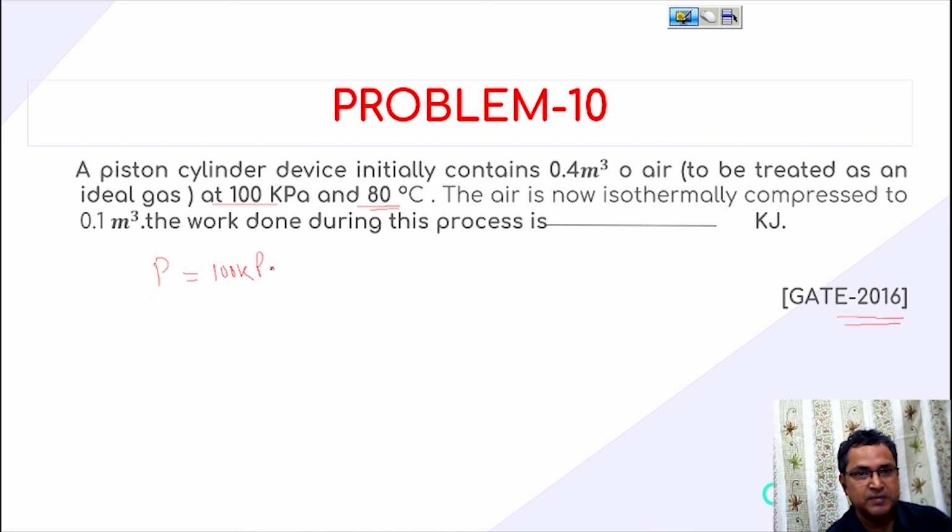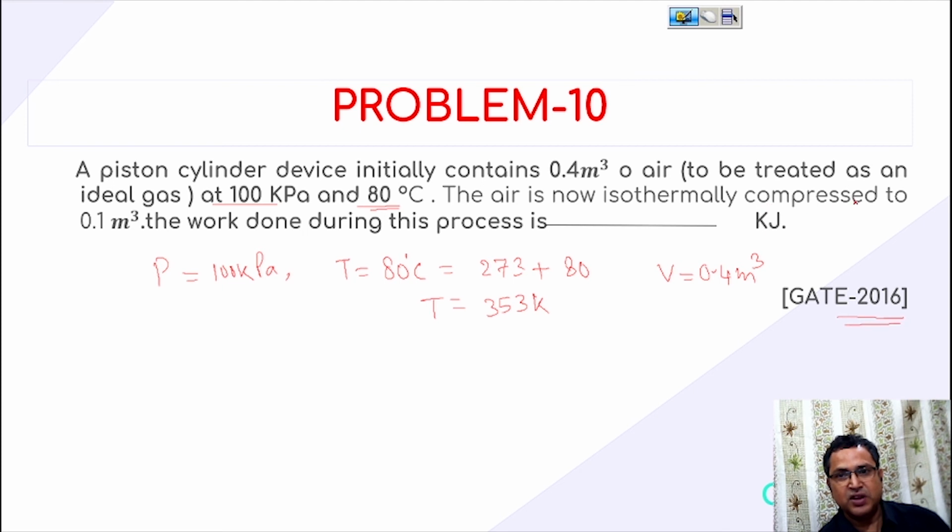Temperature is 80 degree centigrade, that is 273 plus 80, 353 Kelvin, and the initial volume is 0.4 meter cube. The air is now isothermally compressed to 0.1 meter cube. So the final volume is 0.1 meter cube. Compression is there.